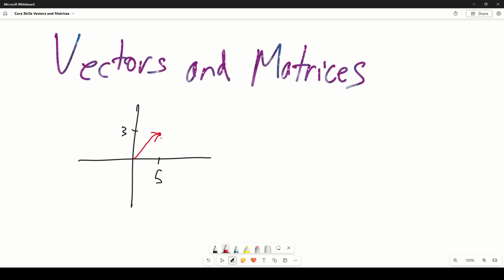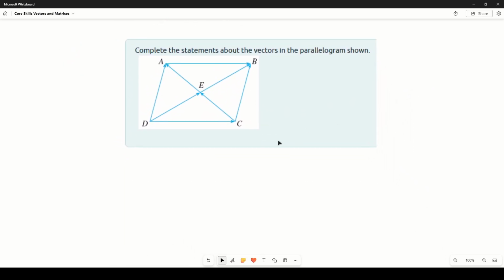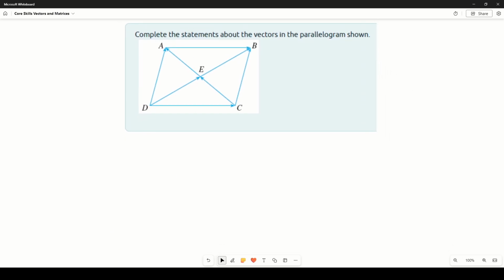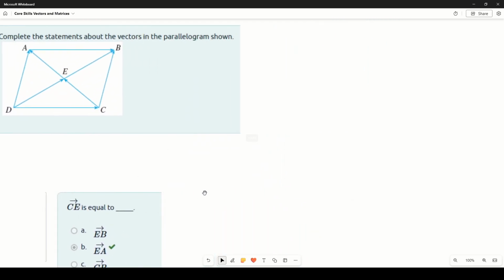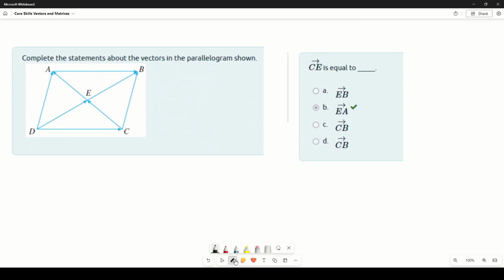I know this introduction was not the best, but it was the most basic introduction, and it is what leads us on to our first question. So for question 1, you have this amazing parallelogram with a bunch of vectors, and they're going to ask you a couple of questions. So what is this equal to, CE? As I said, what are the 2 properties of vectors that we just discussed?